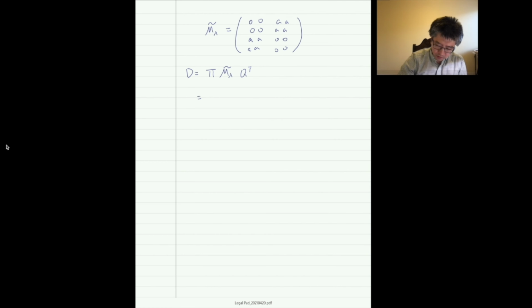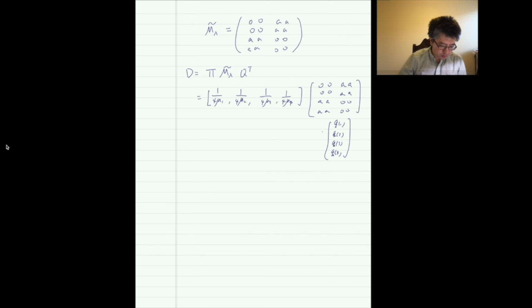So pi is mu1, mu2, although we just write it this way, all of the mu's are the same. Okay, and then multiply this matrix, and then times q1, q2, q3, and q4.